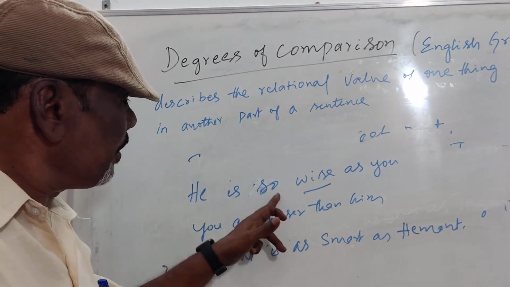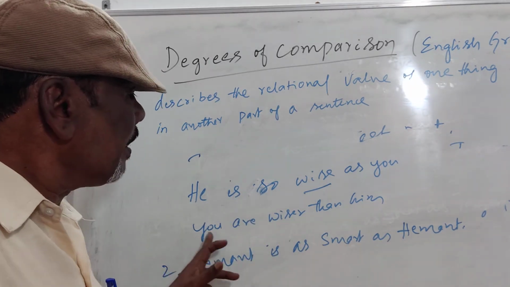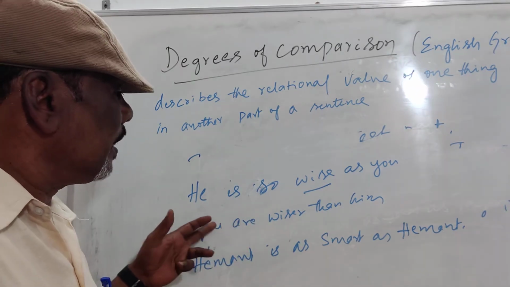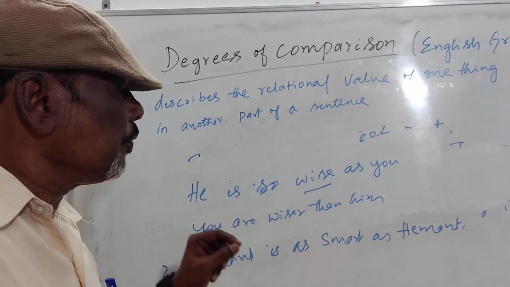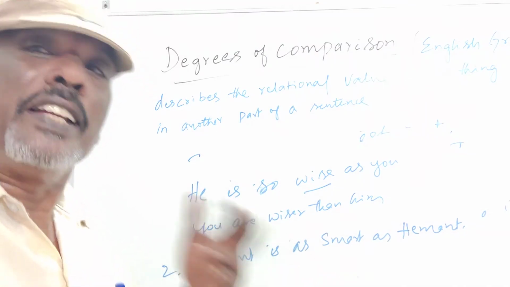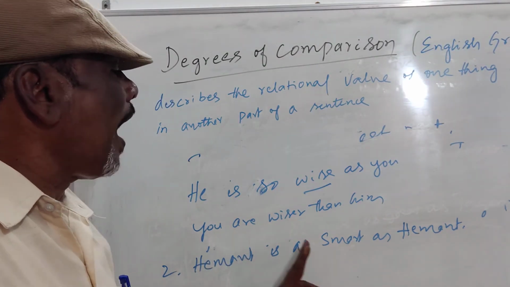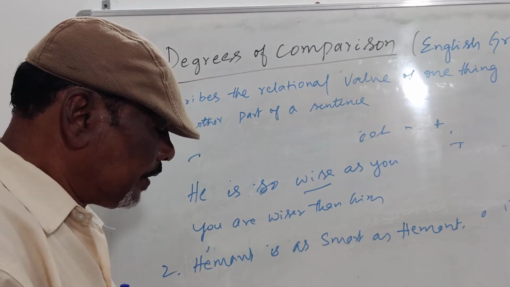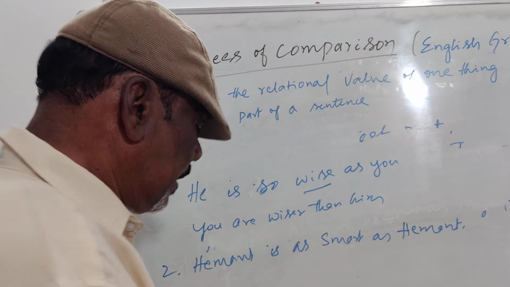This is also an affirmative sentence, and we are not using "not" or "no" in this comparative degree. But here, actually, we should change this without changing the original meaning of it. So Hemant is as smart as, sorry, you use another word, Raghu.